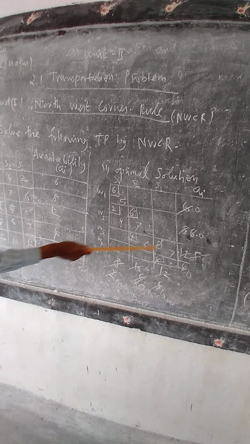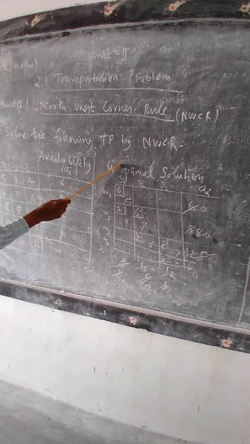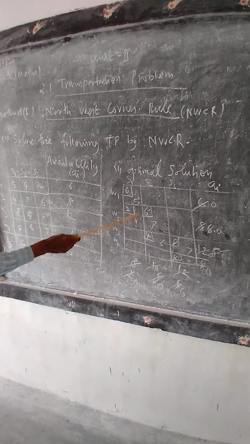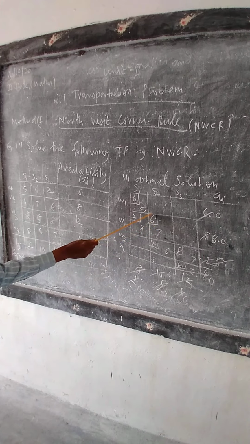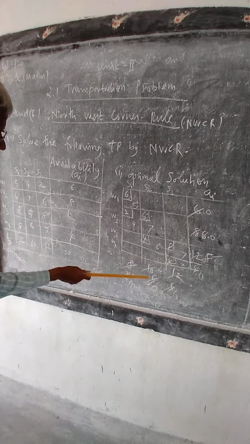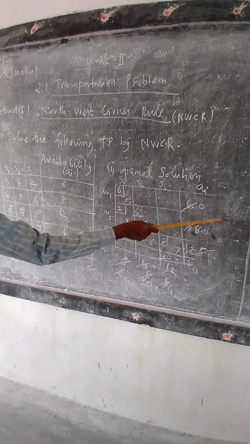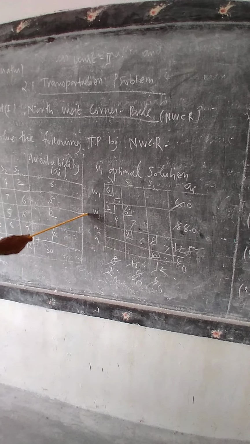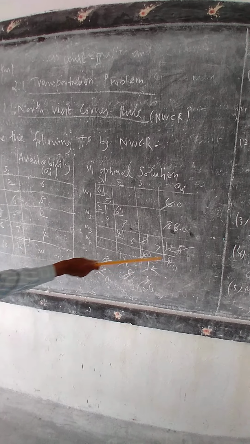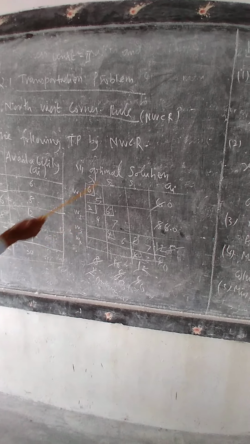From 2 and 8, the minimum 2 is allocated, then the column is exhausted. Next, you consider the remaining coefficients. From 10 and 6, you allocate the minimum 6, remaining 4, then row 2 is exhausted. Then from 4 and 12, the minimum 4 is allocated in the third row and the second column.